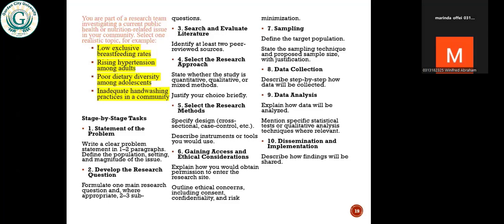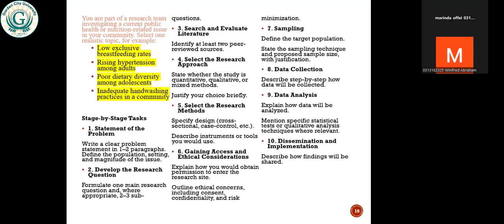of 2 variables. So assume that we use a topic of, let's say, low exclusive breastfeeding rate. We want to assess the prevalence of exclusive breastfeeding rates in Kumasi.